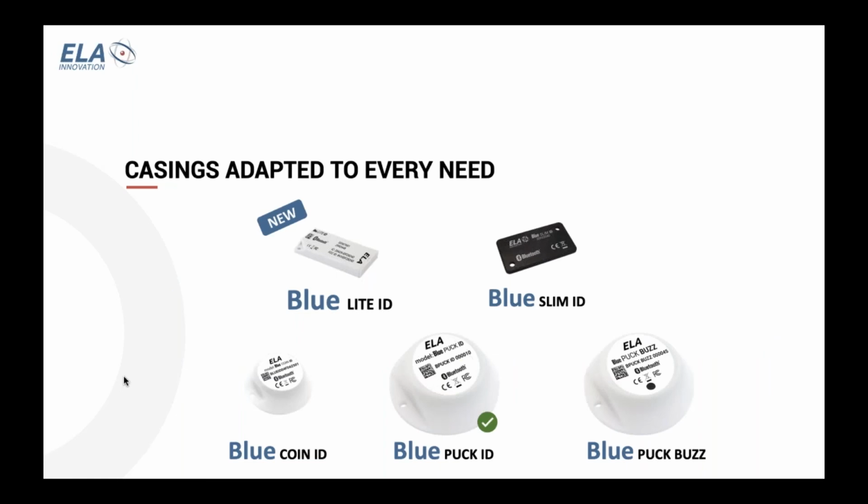We provide various casings, going from the Blue Slim ID and Blue Light ID, which are 2 millimeters thick and 5 millimeters thick and can be used typically as key fobs for driver identification or for asset identification, to the Coin ID, which is about 1 centimeter thick, and the Puck ID, the one we used for this application, which is 2 centimeters thick. All of them have industrial casing in order to be adapted to harsh environments.